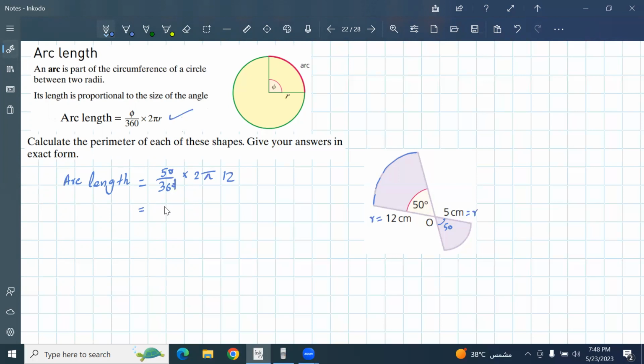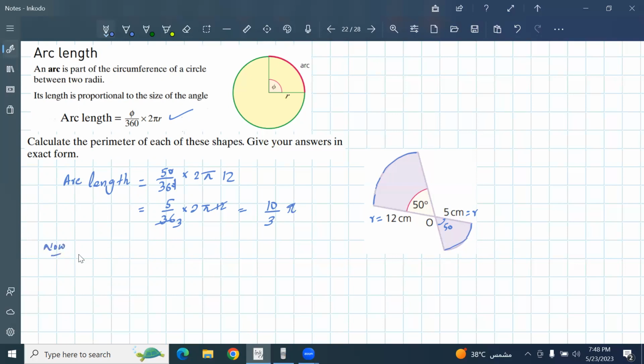We can cancel 0 and 0, so we have 5/36 multiplied by 2 pi 12. 12 can cancel 36. So we have 10 over 3 pi. And second arc length, this one, the small arc length.